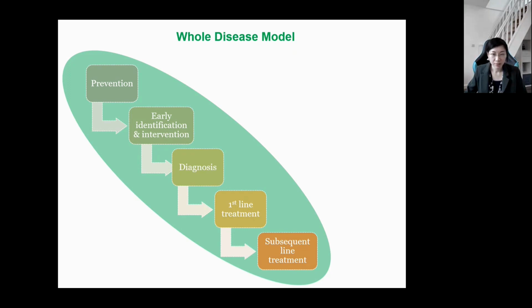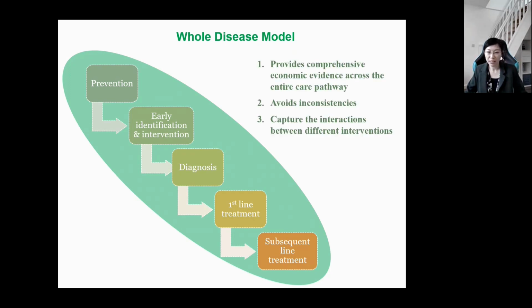By doing this, a whole disease model will be able to provide comprehensive economic evidence across the entire care pathway, avoid inconsistencies, and capture the interactions between different interventions.